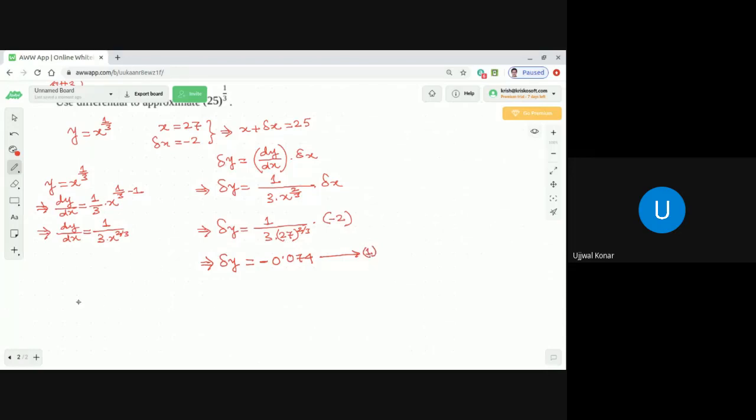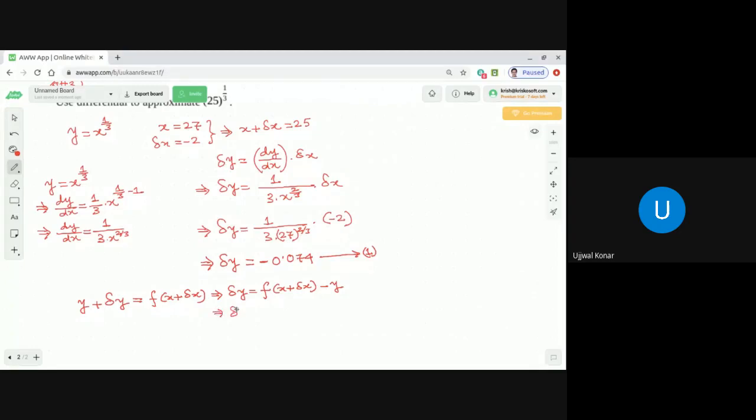So what is y plus delta y? y plus delta y is nothing but f of x plus delta x. So this implies delta y is equal to f of x plus delta x minus y. Minus y means it is f of x.